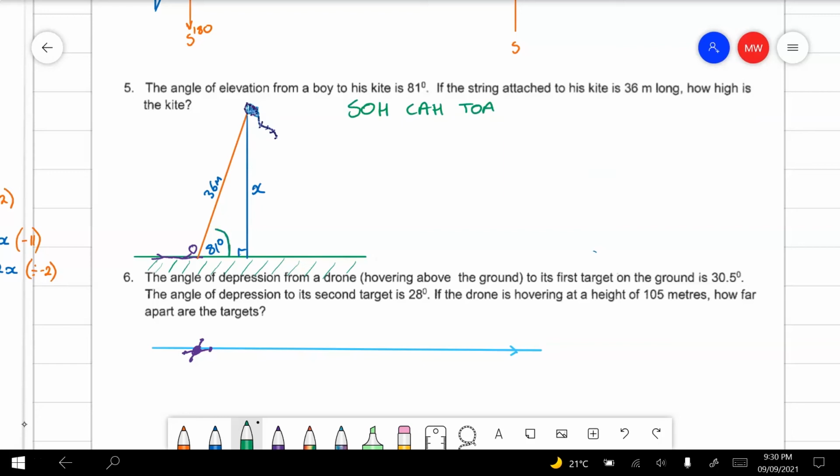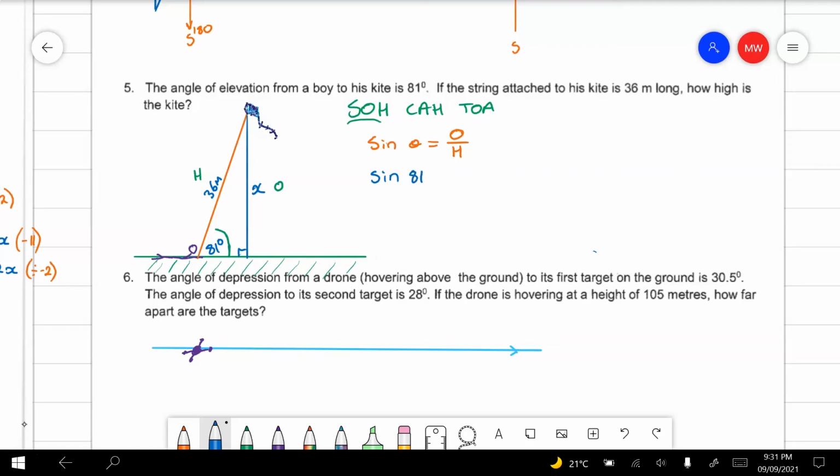If 81 is my reference angle, x is the opposite, the string is the hypotenuse. If I've got an opposite and a hypotenuse, then I'm going to use the sine rule. So we'll go in with the rule, sine theta equals opposite over hypotenuse. Sub in what we know, we know the angle, don't we?